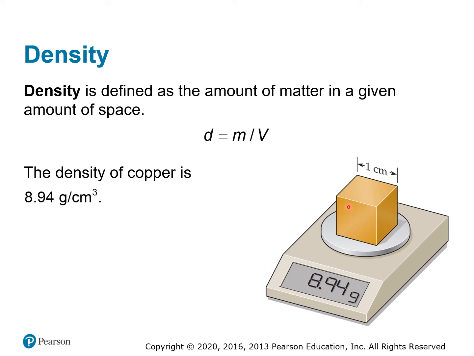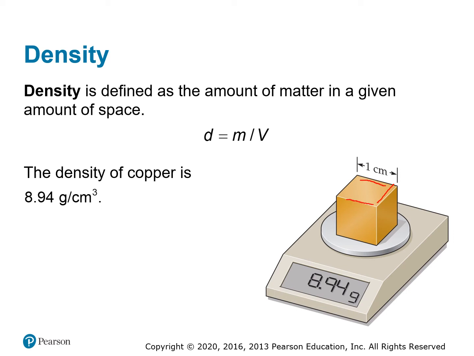And in the picture here on the scale, you see a cube of copper which has a side measuring 1 centimeter, and it's weighing 8.94 grams. So you have the mass, which is 8.94 grams, and the volume, which is in cubic centimeters. So 1 times 1 times 1, because this is a cube.